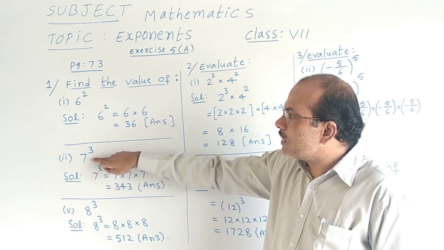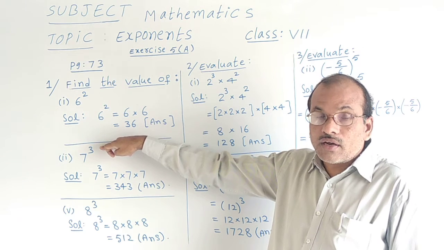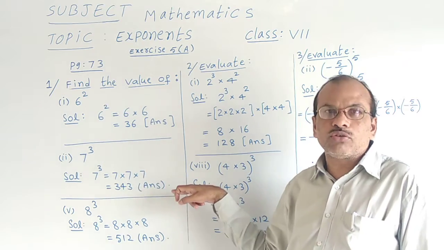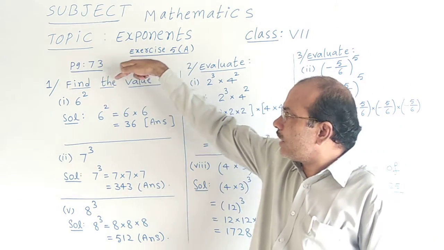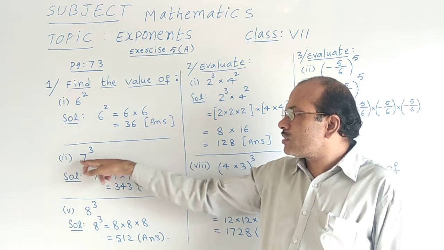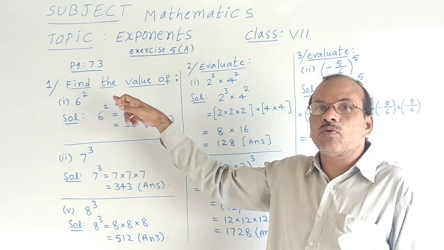Now this 7 is base and 3 is called power or index or exponent. Am I correct? Its value we are going to find out, because in the heading it says find the value of the given questions.